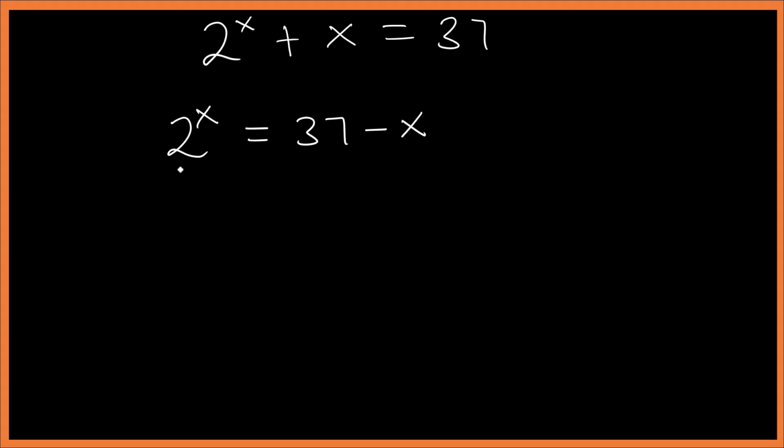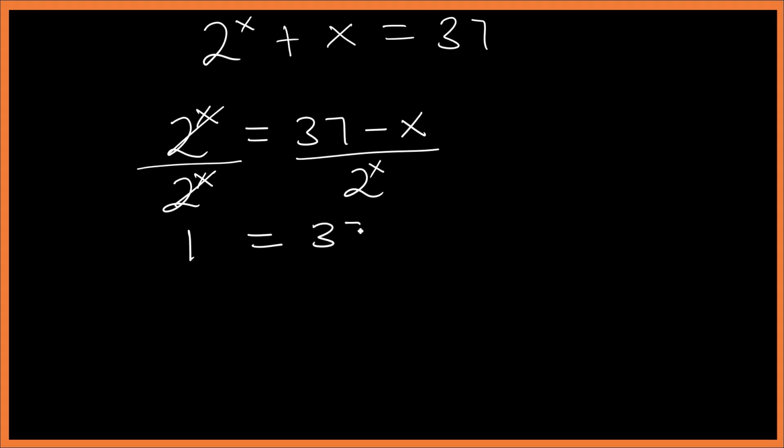Alright, so let's join this one to this by dividing both sides by 2 raised to x. So this one will cancel. I've left 1 here. So I have 37 minus x. Now remember, 1 over a exponent n is the same as a exponent minus n.